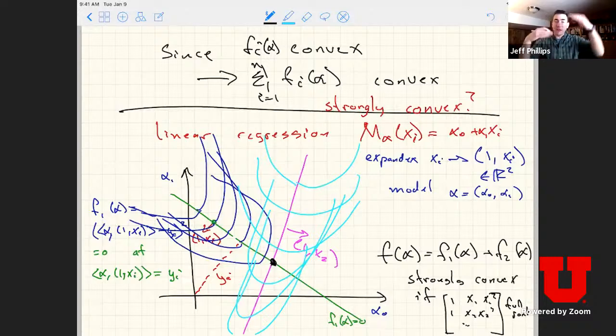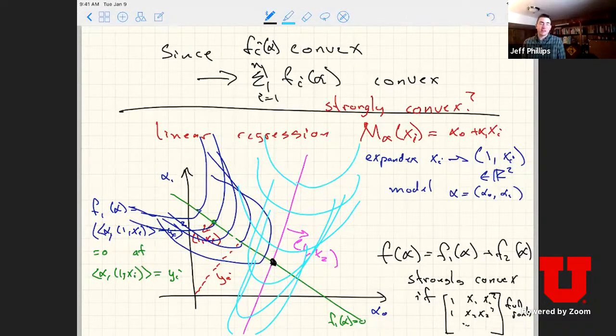If I take this data matrix of these expanded points and stack them on top of each other, and that's full rank, that means there's not some subspace that all the data points lie on. That implies the functions are strongly convex, that there's not this weird minimum where it's not growing quadratically along that direction.